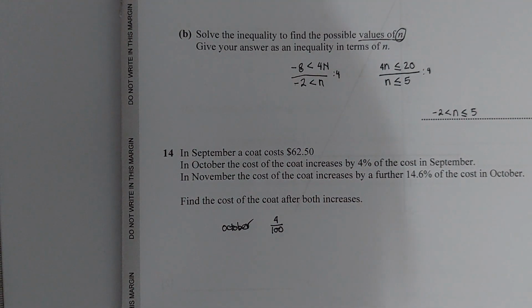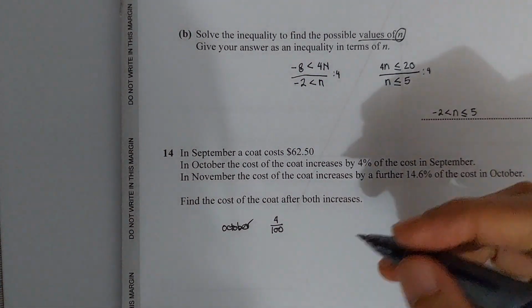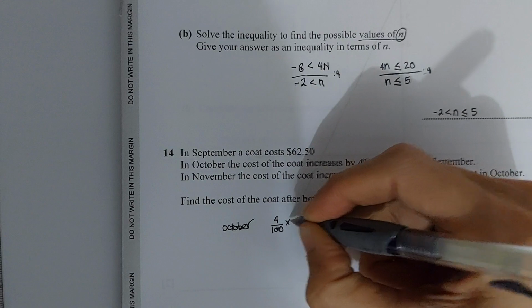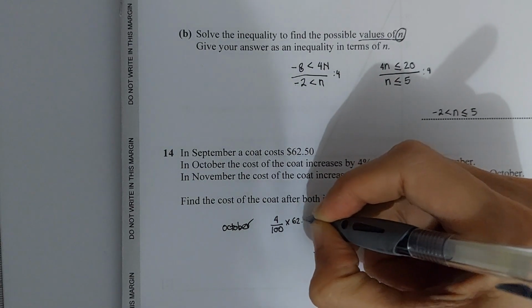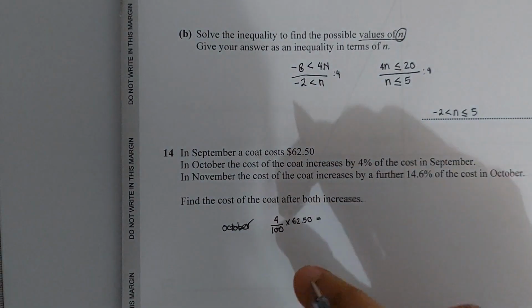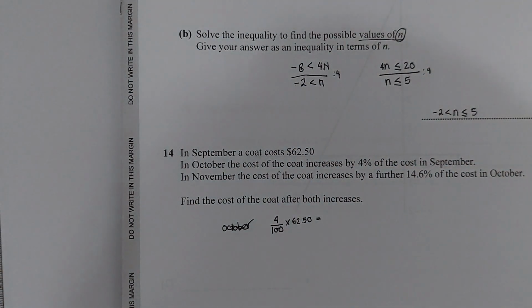Remember, percent is actually another form of a fraction, but the denominator is 100, right? And then increases by 4%, and the one that you want to increase is from $62.50. Now, this is the increase, right?